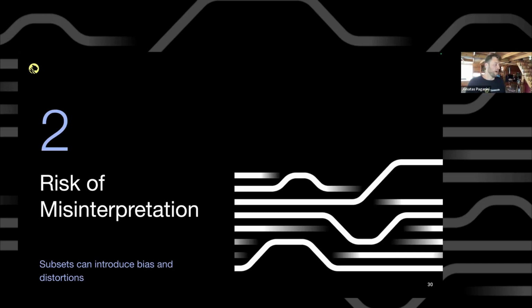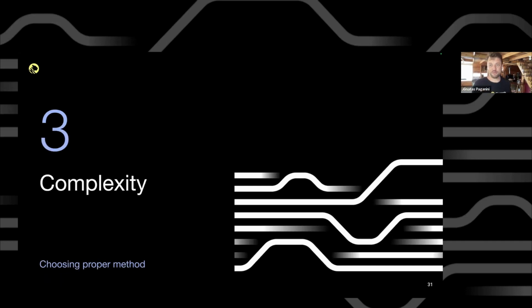So, for example, subsets can distort numbers, or sometimes you need the outliers. You need everything from your data, right? And sometimes it is also very complex to choose the right downsampling method, which may prejudice your analysis. So be careful.